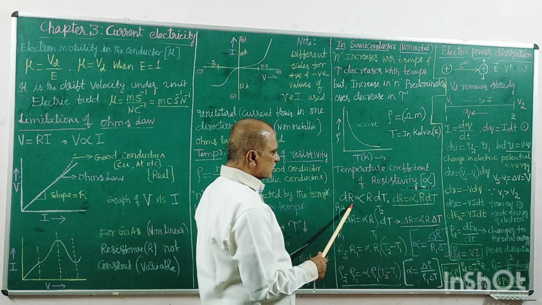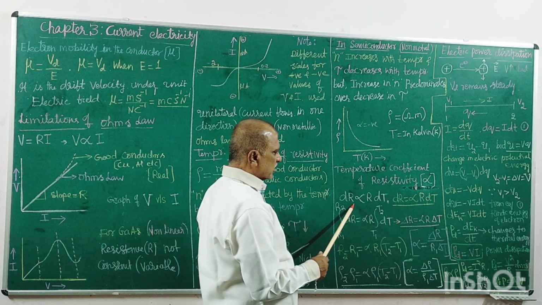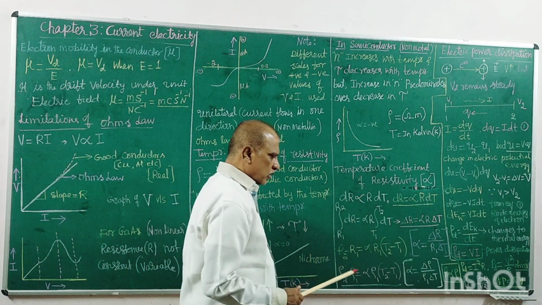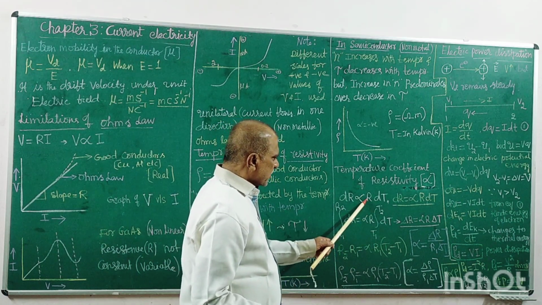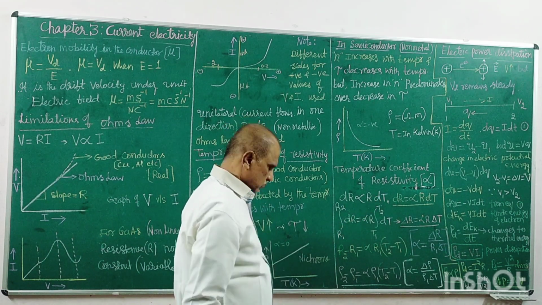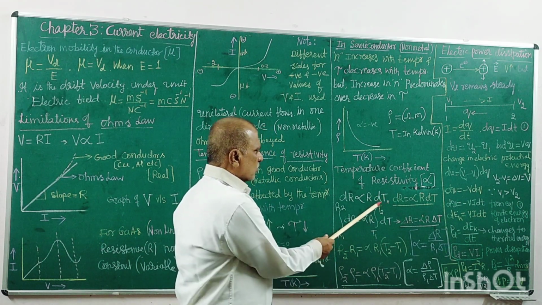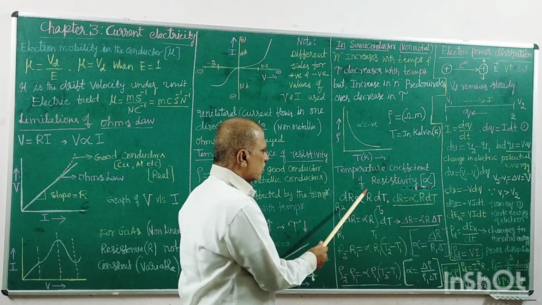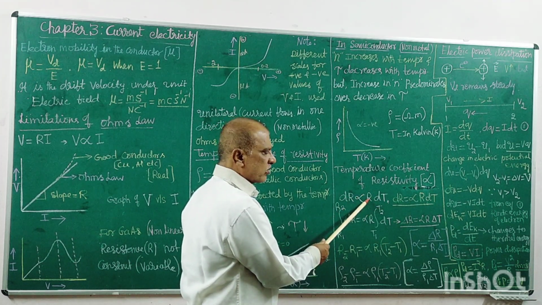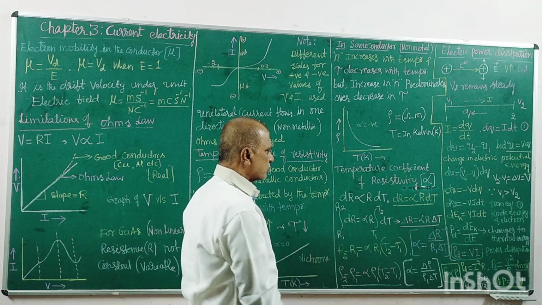The change in resistance is directly proportional to the resistance of the conductor times the change in temperature. More change in temperature, more change in resistance. It also depends on the magnitude of the initial resistance.